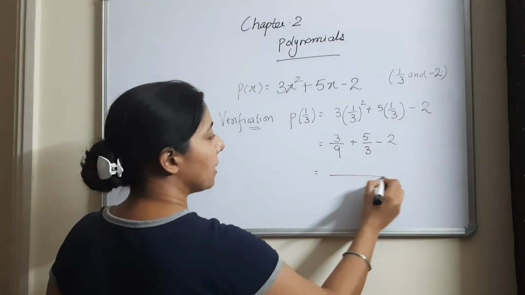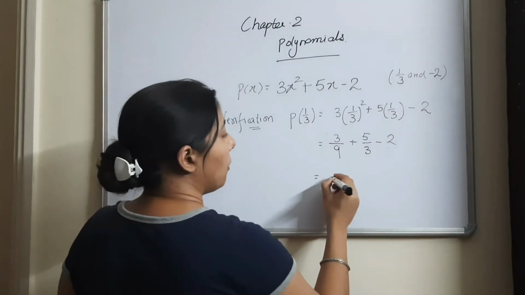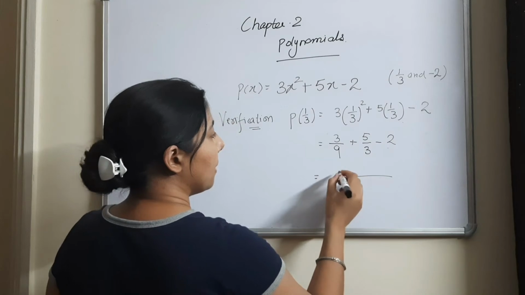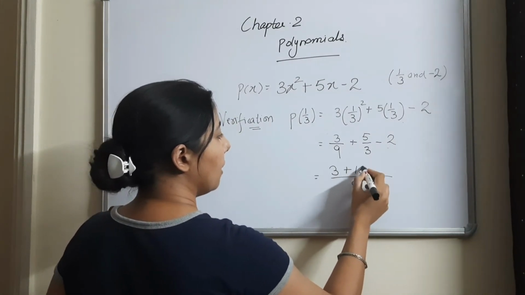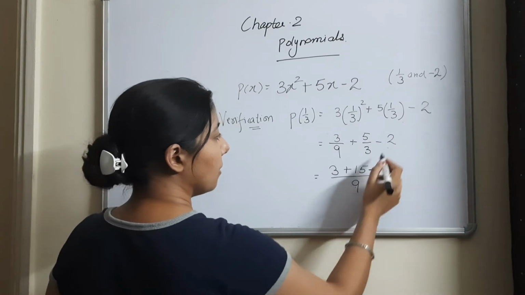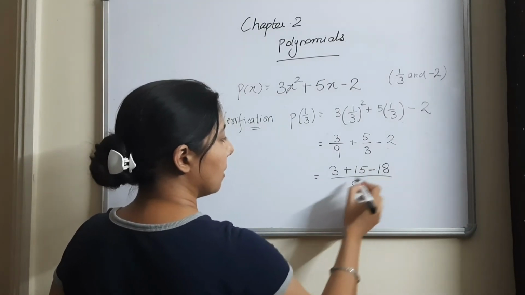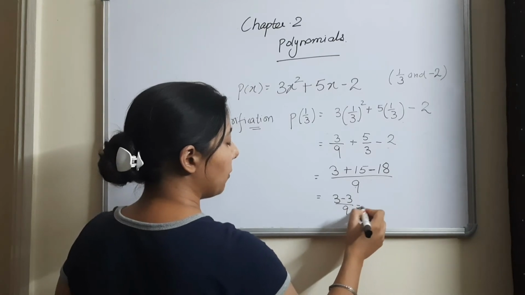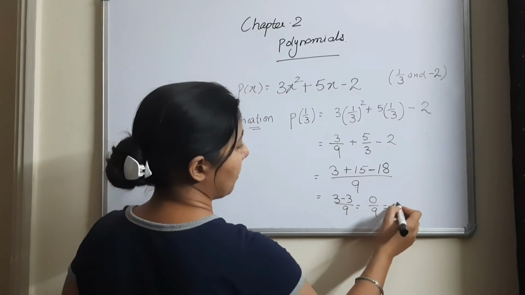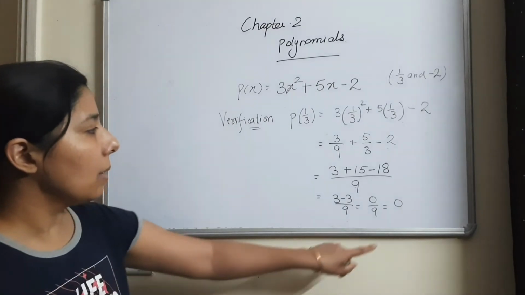Now we will take 9 as LCM and it will be 3 plus 15 minus 18. So this will be 3 minus 3 by 9. So that will be 0 by 9, that is 0. Fine. So it is coming as 0.